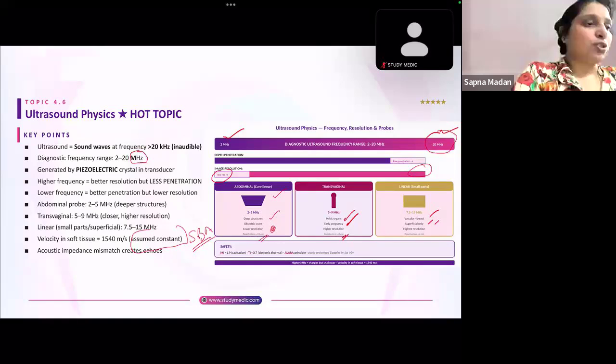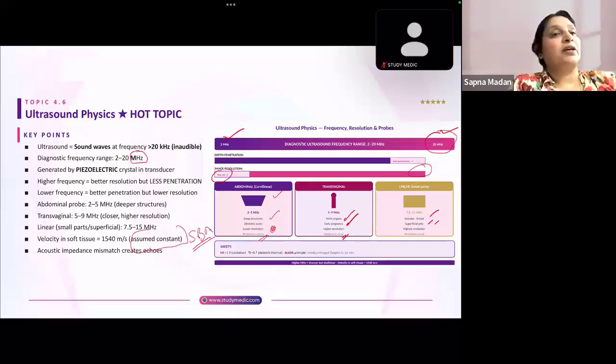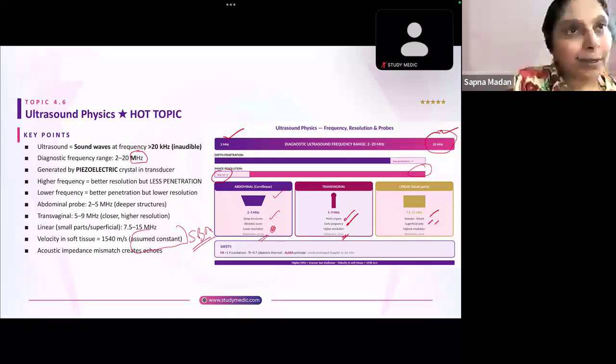Now, we have another slide on that, but I'll just touch upon this here also. There's the safety index. Although we say that ultrasounds are very safe, there is still a principle of as low as reasonably allowed. So the ALARA principle is there, in which we have to keep the thermal index and the mechanical index in a particular category.